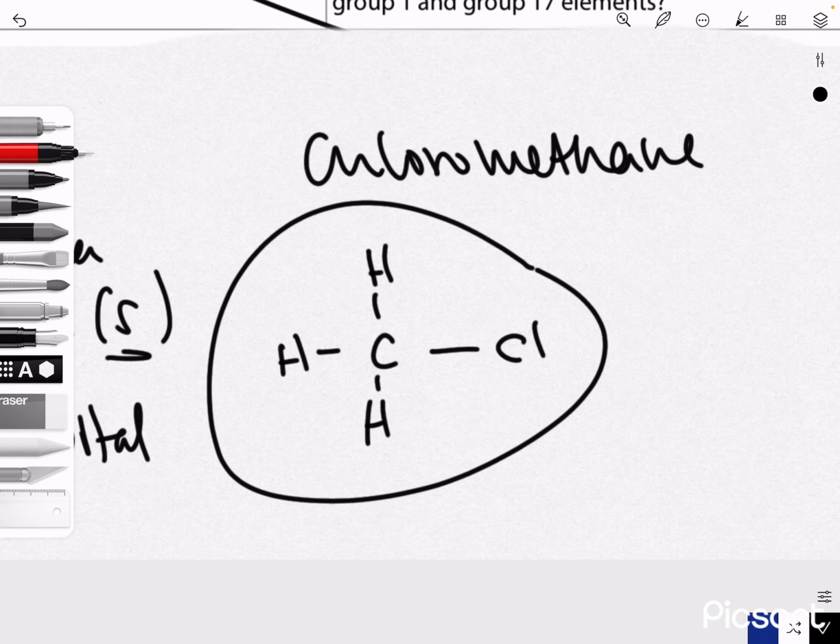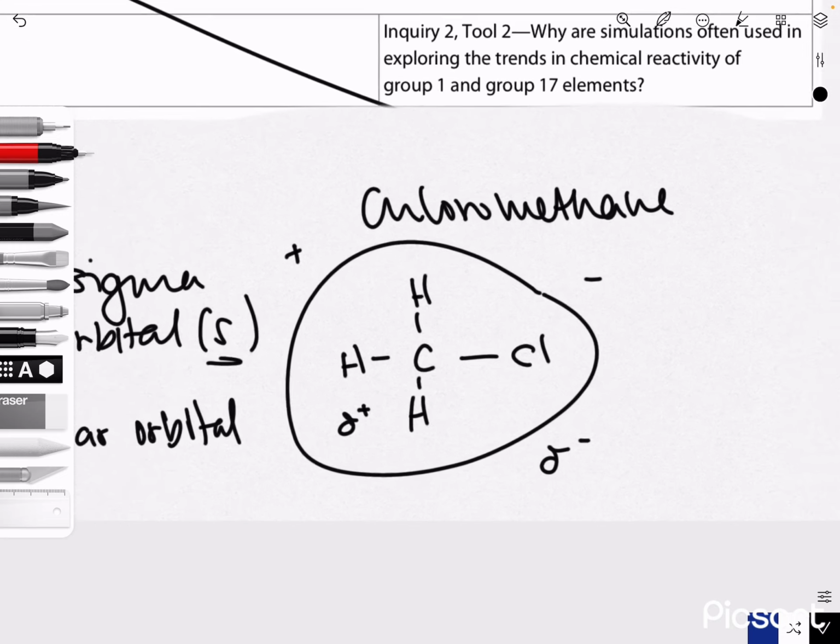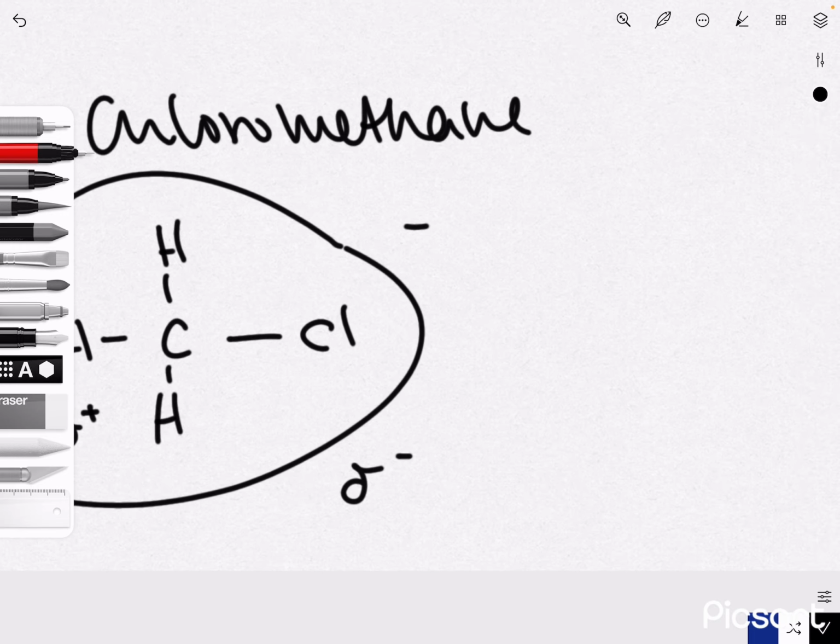So your carbon here will also be delta positive, because chlorine is really quite electronegative in comparison to it, which means that this side of the molecule will be more positively charged compared to this one, which will be more negatively charged.